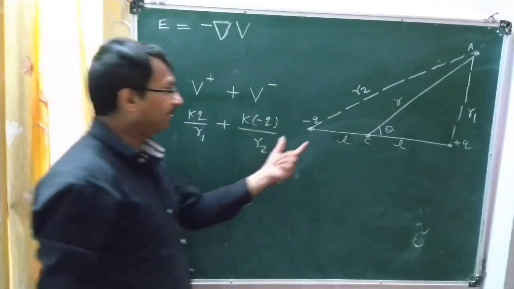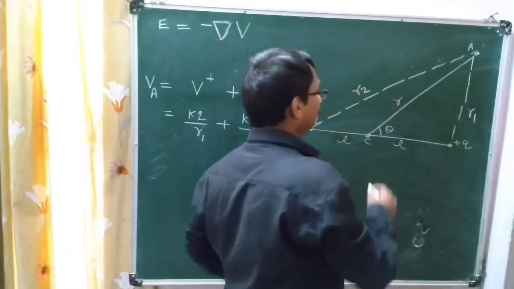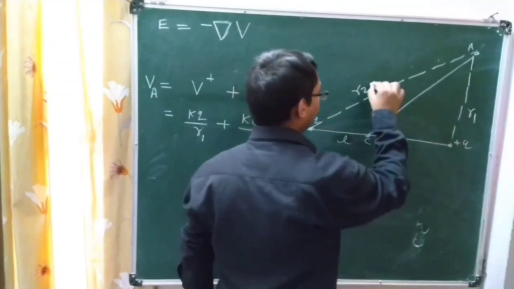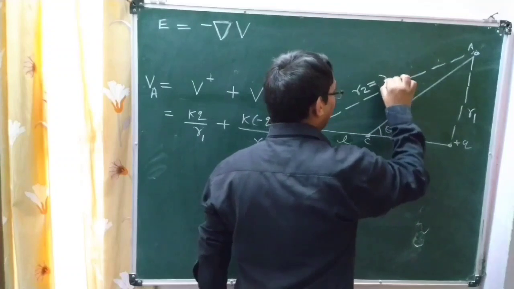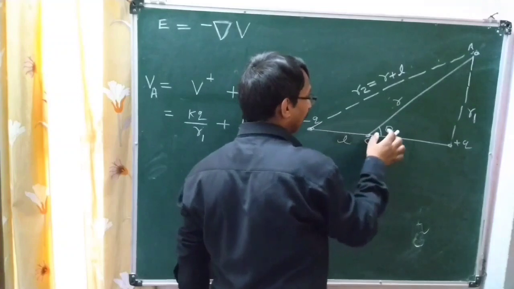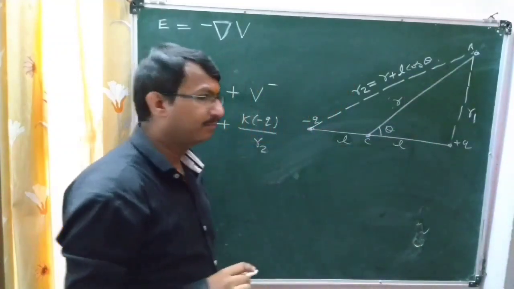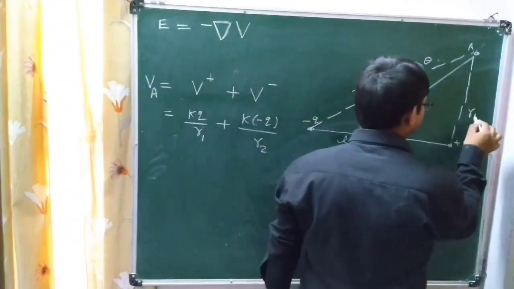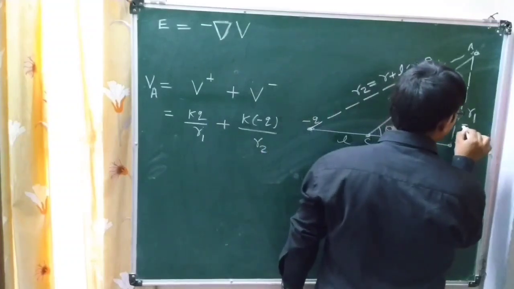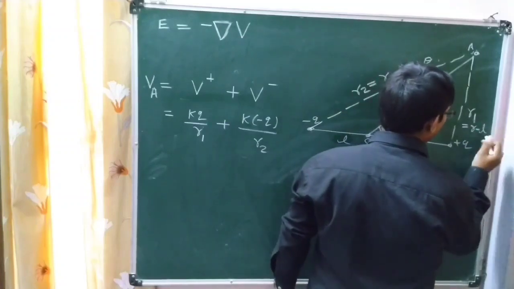Now we can see r2 is greater than r1, and how are r2, r1 and r related? r2 can be seen as r plus the half length L cos theta. Remember, it is a very simple geometric exercise, and r1 can be written in terms of r as r1 equal to r minus the half length L cos theta.